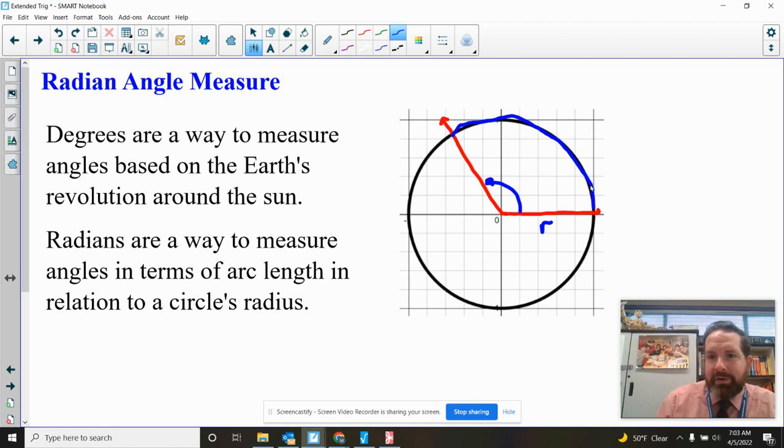So as I go along the curve, I'm going to have to estimate, once I get to about here, this curved length is about the same as what the radius is. If I keep going and keep going, this curved length that's left, that's about what the radius is again. So this arc length that is related to this angle is about twice the radius of this circle. Therefore, this angle is about 2 radians.